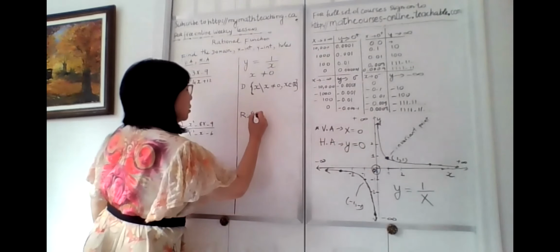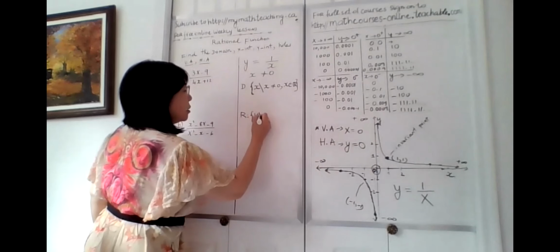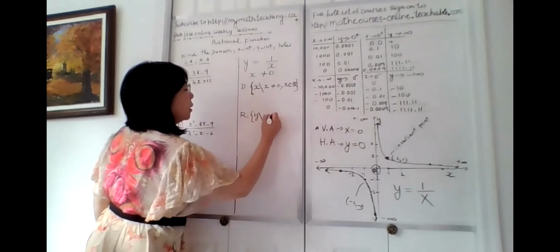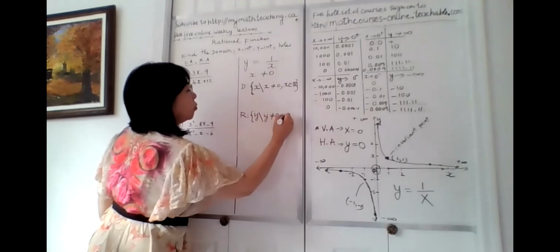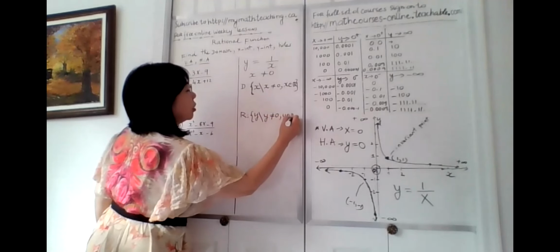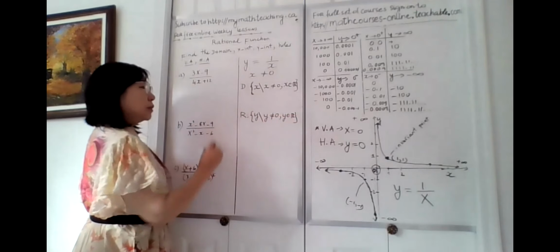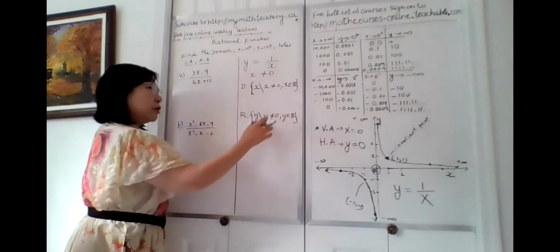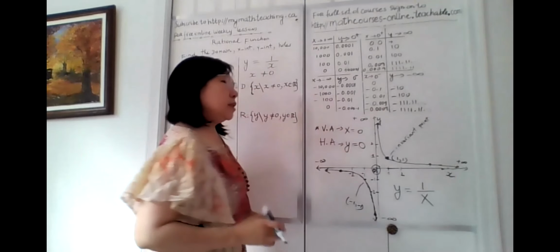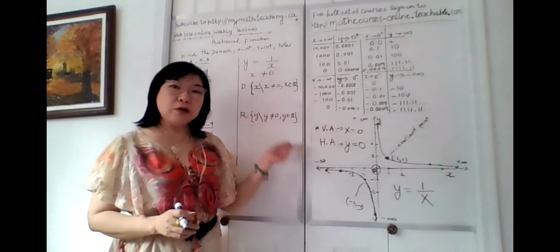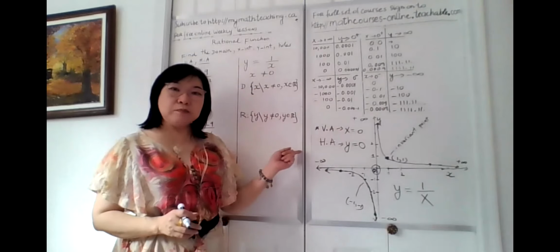So we can say it's a set of y such that y has to be different from 0 and y belongs to the real numbers, except this number. That's how we state the domain and range for our basic rational function, y equals 1 over x.